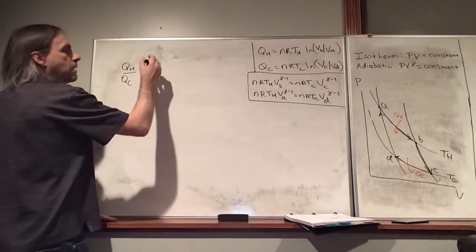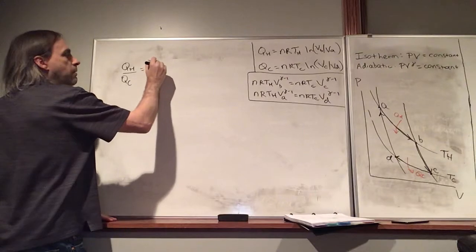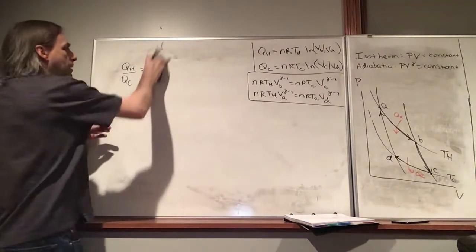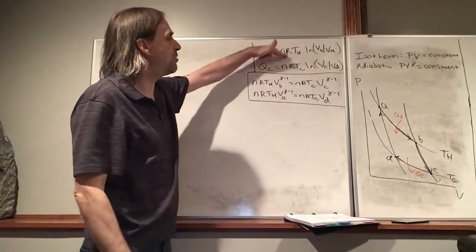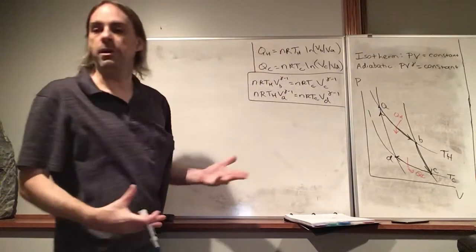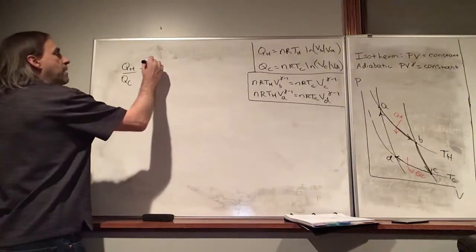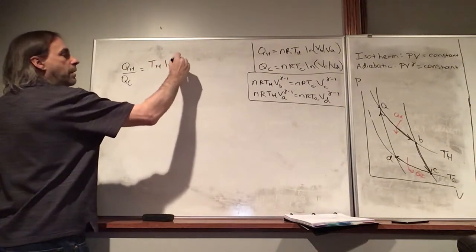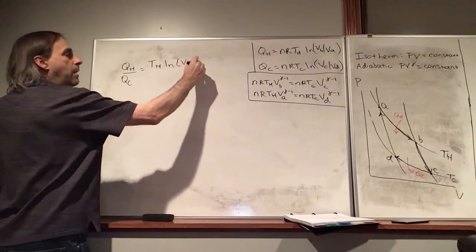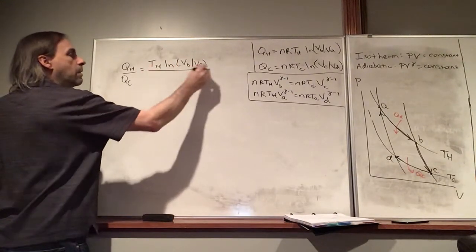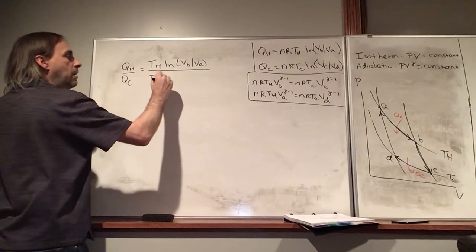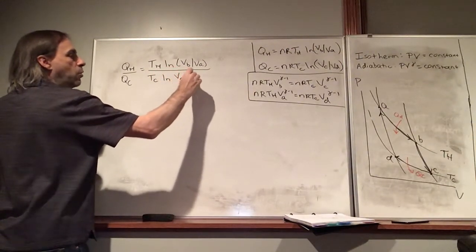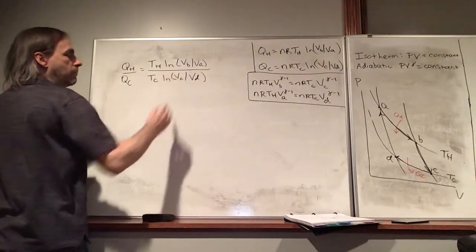So we have NR, just to save some space on the board, we're basically just dividing these equations. It's obvious that these NRs are going to cancel out. So let's just say this is TH times natural log of VB over VA over TC times the natural log of VC over VD.